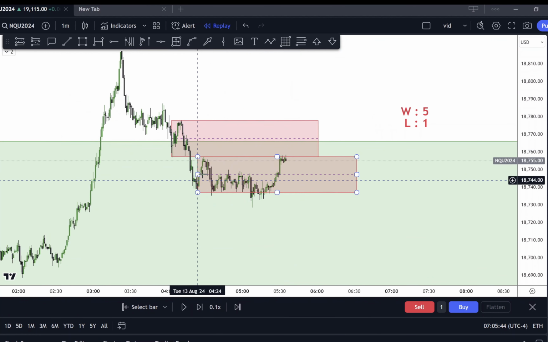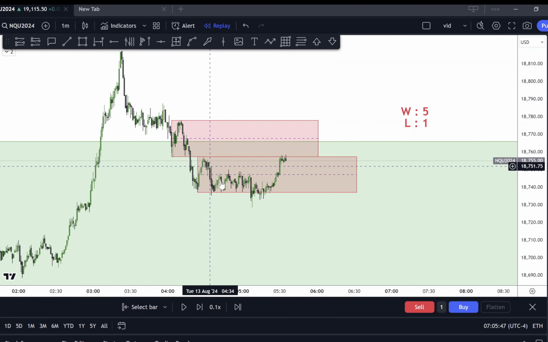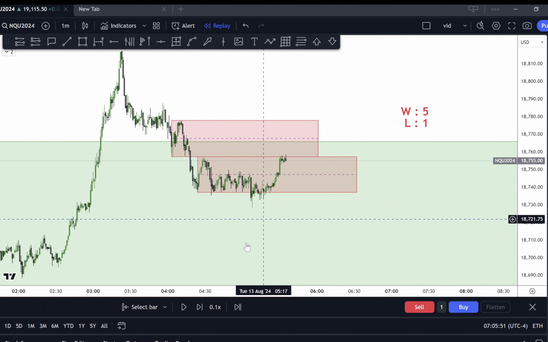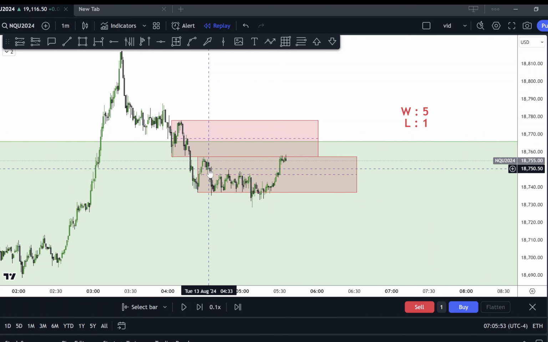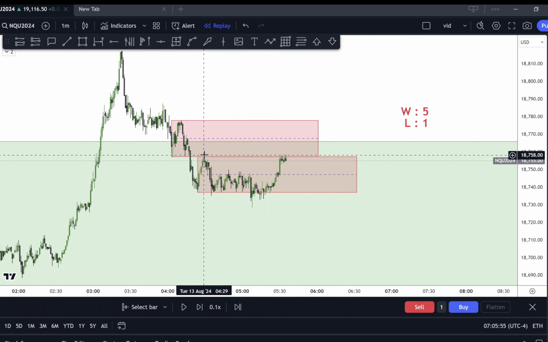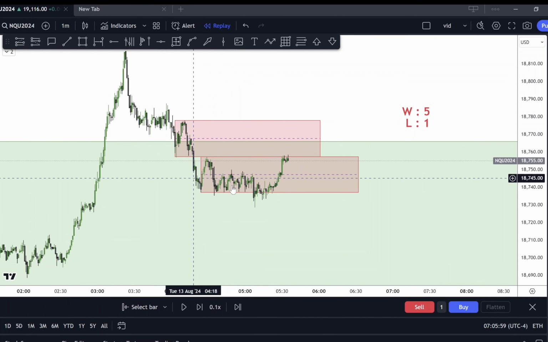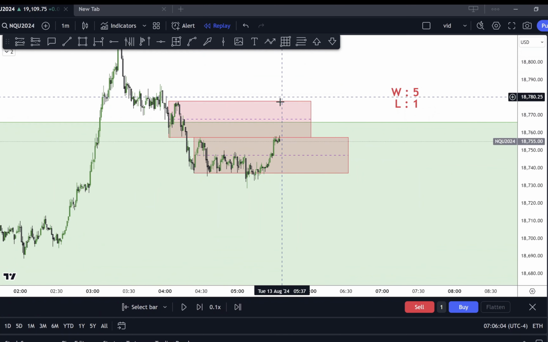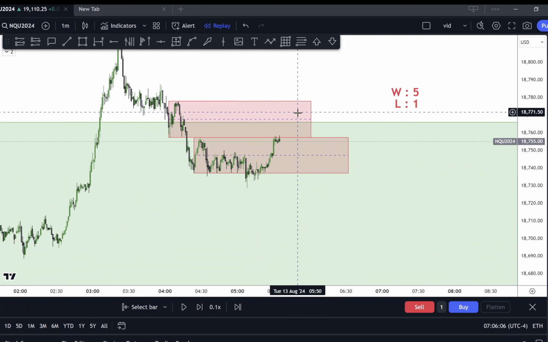So now that they took this zone, they don't need to actually mitigate the 50% of this whole zone because they already took liquidity. And what is important for them as market makers, liquidity is more important than anything else, right? So if they tag us in this 50%, we're in. If not, oh well.